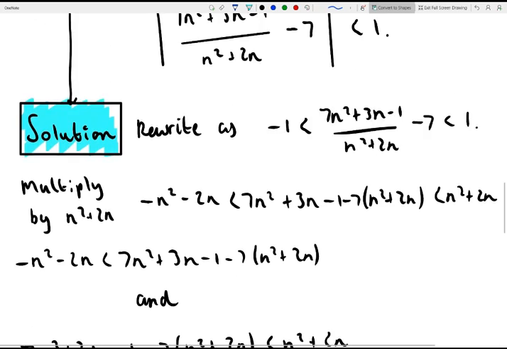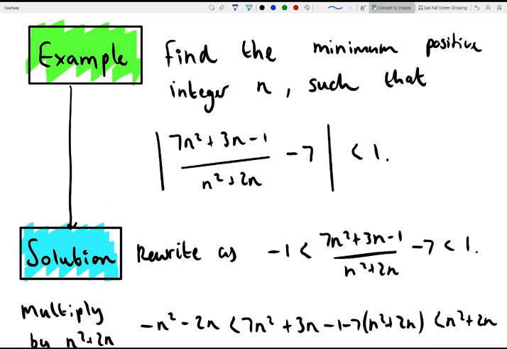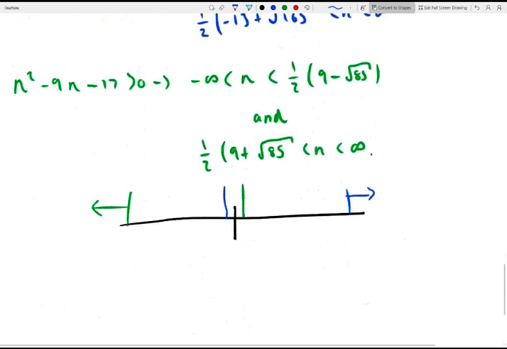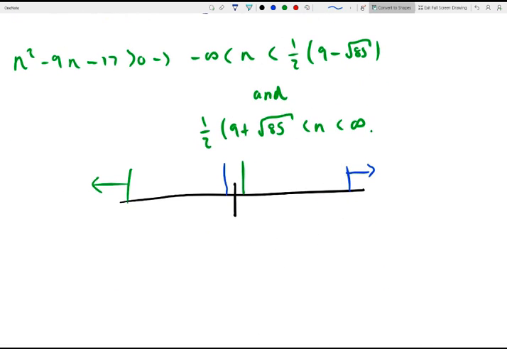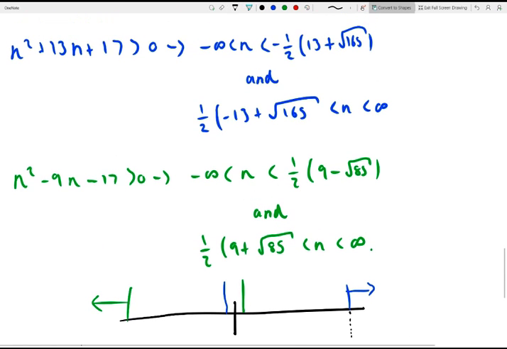And the original question said we want to find the minimum positive integer, so we look just at the positive integers, so we're looking just past the blue interval, and this value here is approximately 9.10977. So that is root of 165 minus 13.